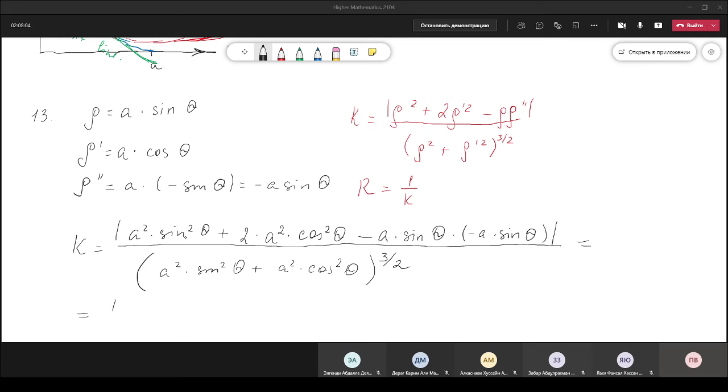A squared times sine squared, minus and minus give us plus, and this will be plus a squared sine squared, and with this a squared plus times sine squared will be 2a squared times sine squared.